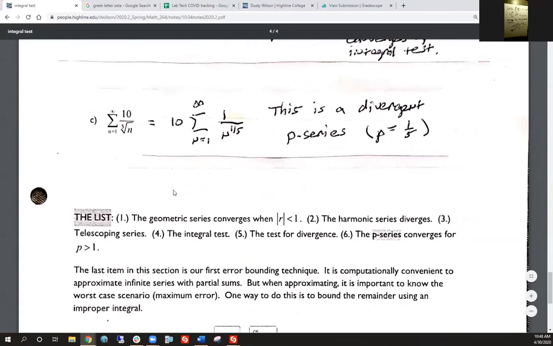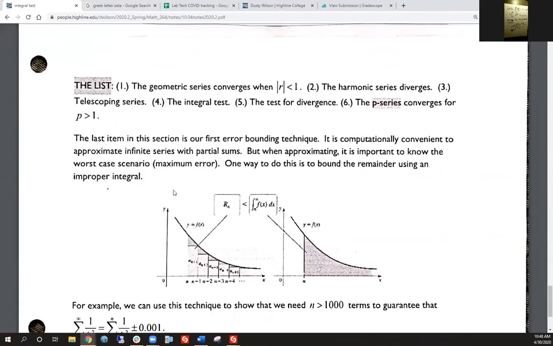Okay. I guess two things. One, let's just update our list one more time. So the list, we have geometric series, the harmonic series, telescoping series, the integral test, test for divergence, and now we have that the p-series converges for p greater than 1. And again, what is that p short for?